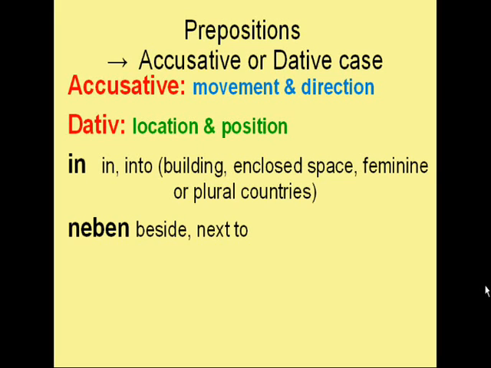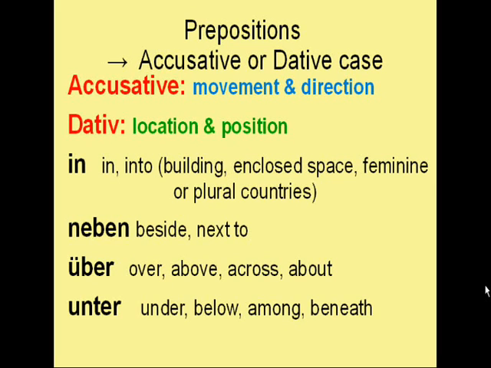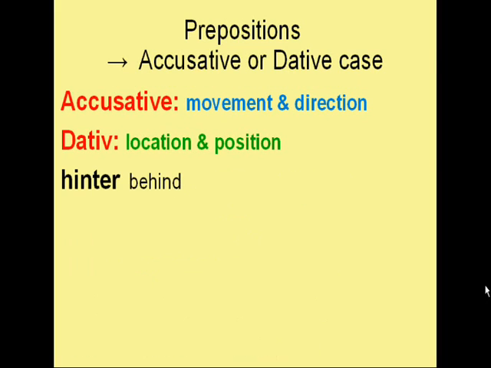Neben, which means beside or next to. Über, which means over, above, across, about. Unter, which means under, below, among, beneath. Vor, which means in front of, before. Hinter, which means behind.